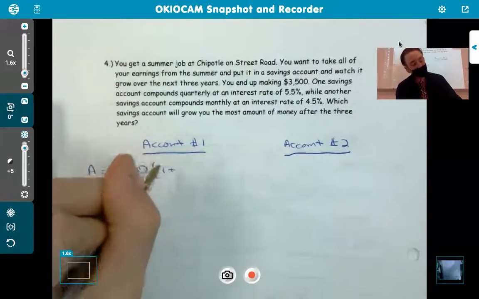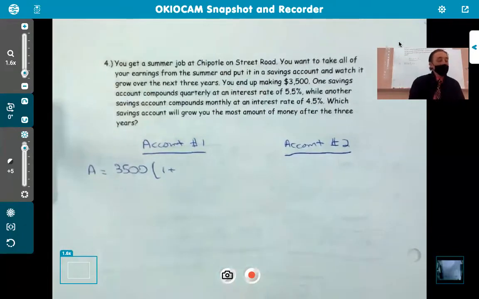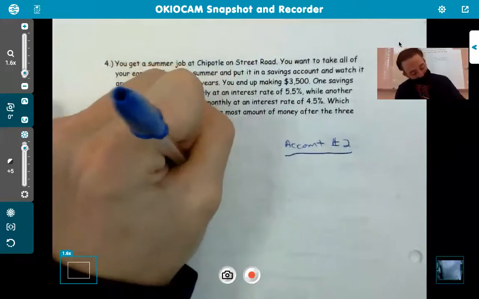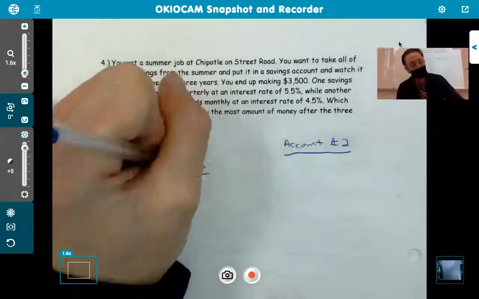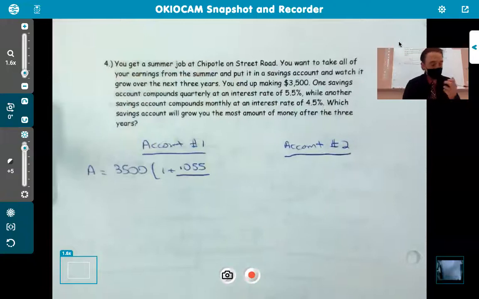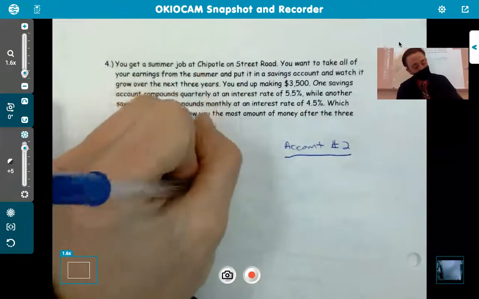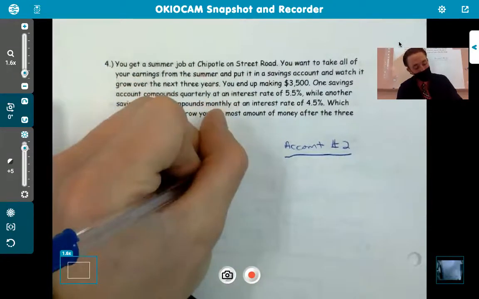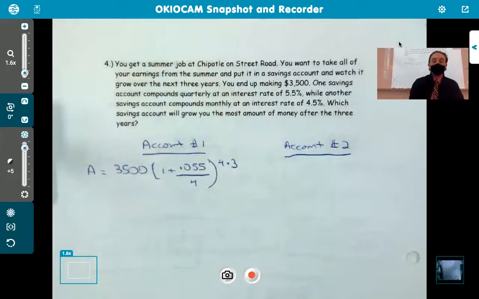It says one savings account compounds quarterly at an interest rate of 5.5%. So that's going to be 0.055. If it's quarterly, how many times does it happen a year? 4. And I'm looking at this over the course of 3 years in both situations. So I'll have 4 times 3 to set up that first account.